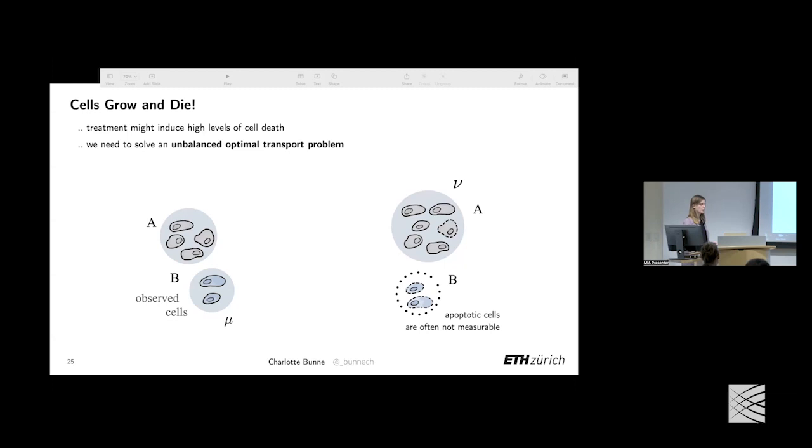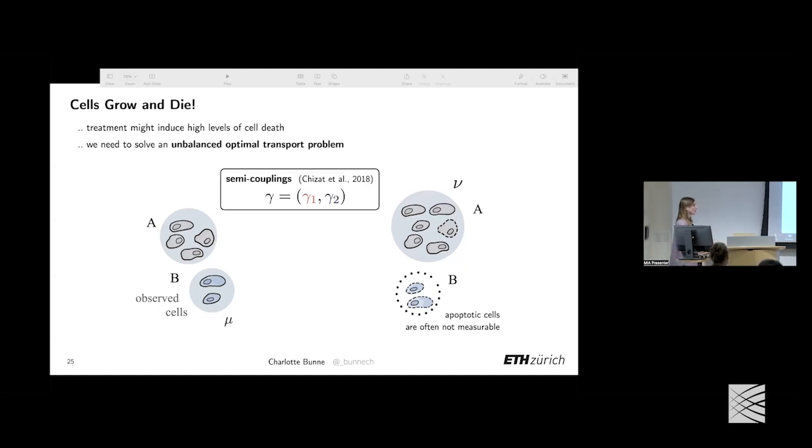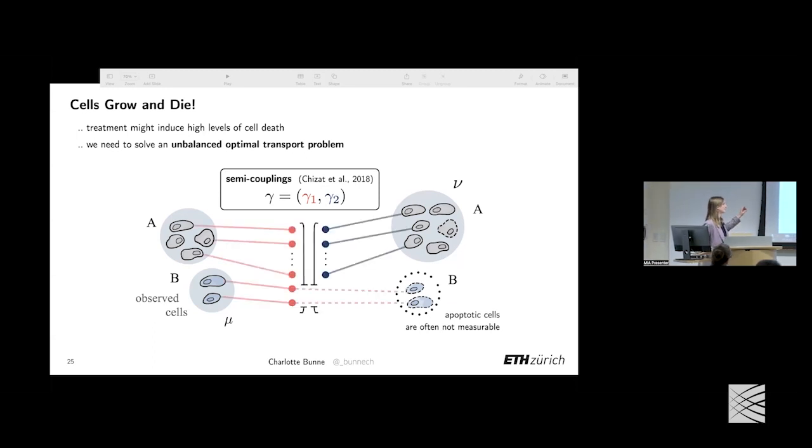How we do this is we look at a notion introduced by Lenaic Chizat at EPFL, the so-called semi-couplings, which divide this coupling into two parts. The first part tells me how much mass is leaving from X. The second part of the coupling tells me how much mass is actually arriving. This allows me to say that for those cells which have died, no mass is in fact arriving.